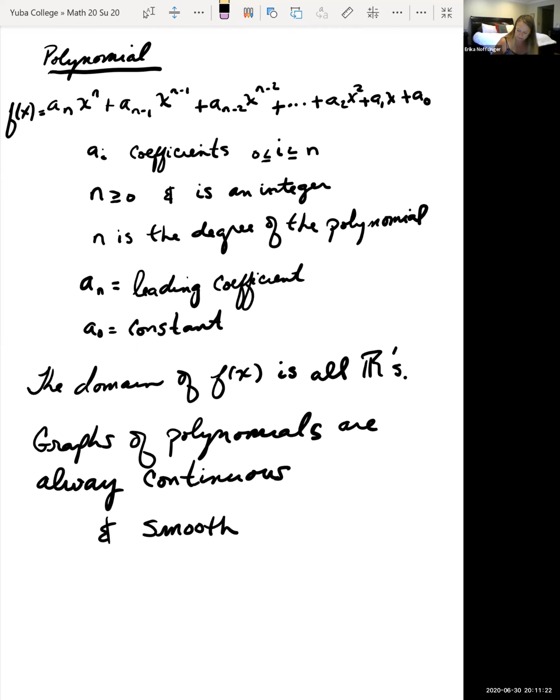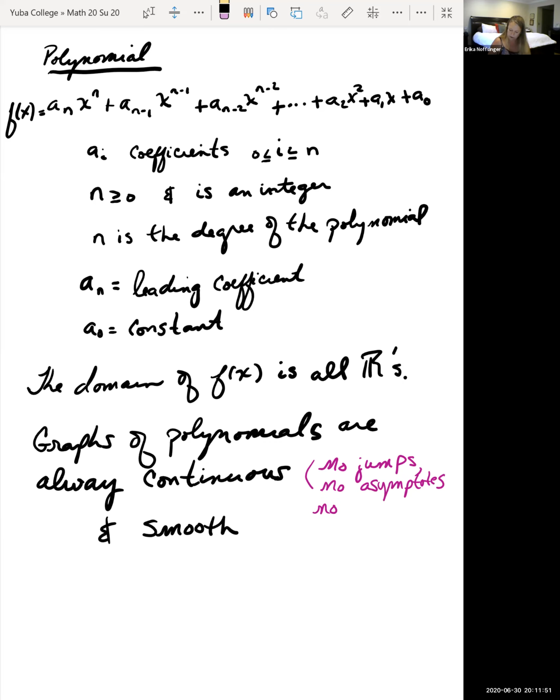So we're going to be graphing rational functions soon, and we'll see that those are not continuous all the time, and that there's sometimes jumps in our graph, values where our x is not defined. And so this is no jumps, no asymptotes. And we'll talk about asymptotes later, hopefully today.